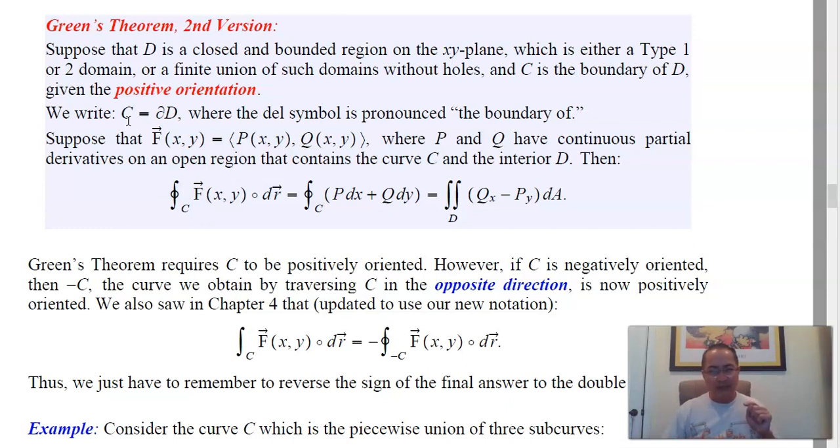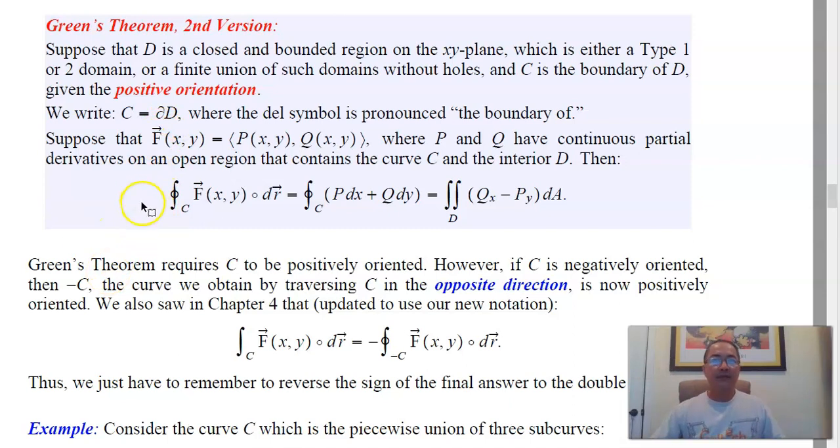It doesn't even have to be in the middle. Now you have boundary on the outside, boundary on the inside, and they're not connected to each other. So that's not allowed. We write C as the boundary of D, and yes, that's the del symbol as well, the other del symbol.